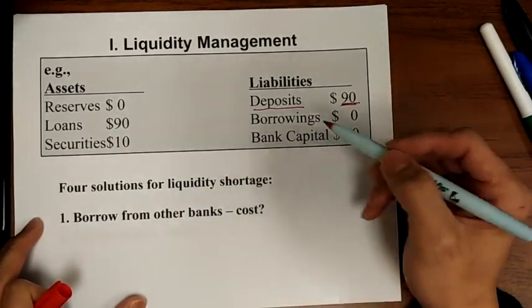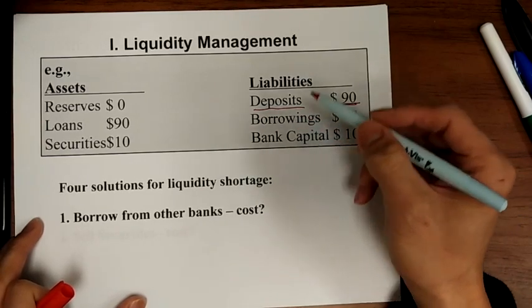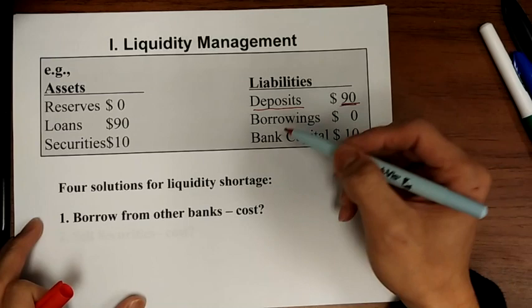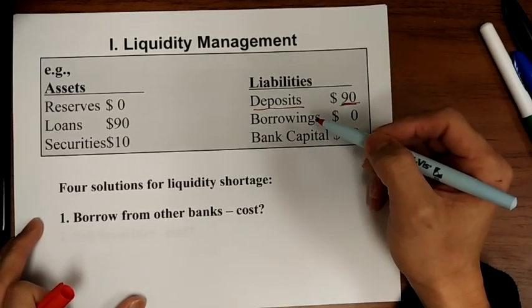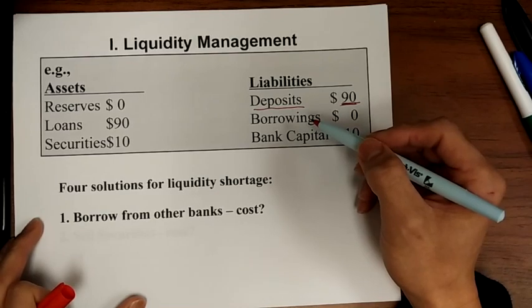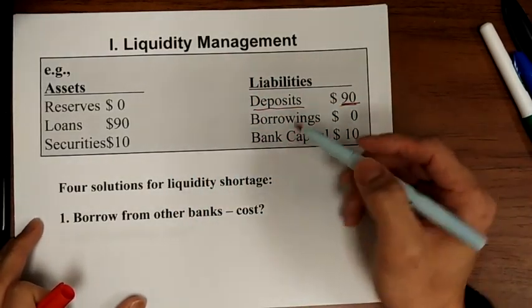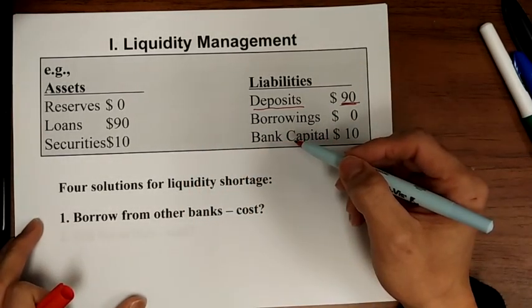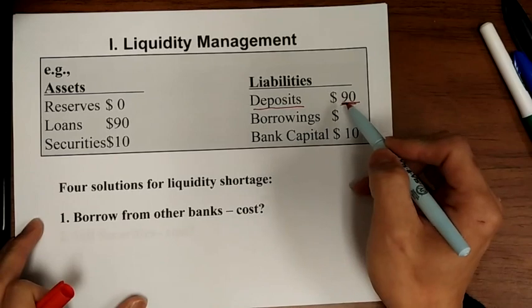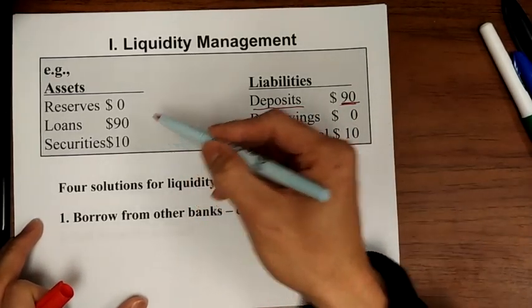The answer is no, because not all the customers are coming to the bank to withdraw all their money out at the same time. Therefore, if you are the liquidity manager of the bank, your job is to estimate how much of this deposit will be withdrawn from the bank.